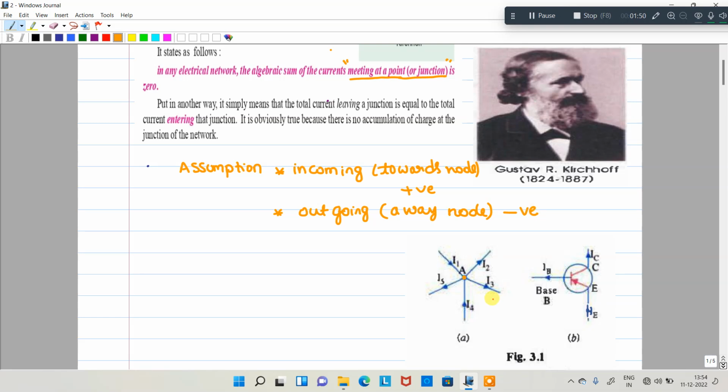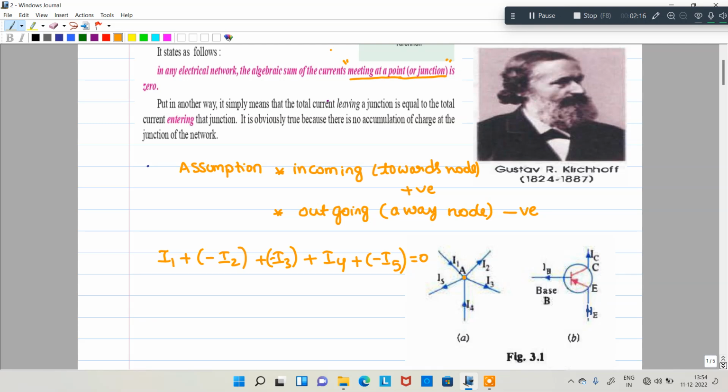According to that notation, look at this diagram. I1 is incoming, next I2 is outgoing, algebraic sum, outgoing means negative. Next, I3 is outgoing, that is negative. Next, I4 is incoming, directly positive. I5 is outgoing, that is negative, and the sum is equal to 0.